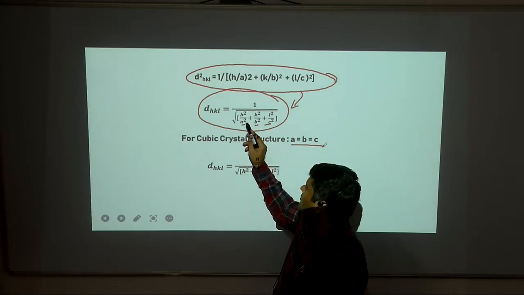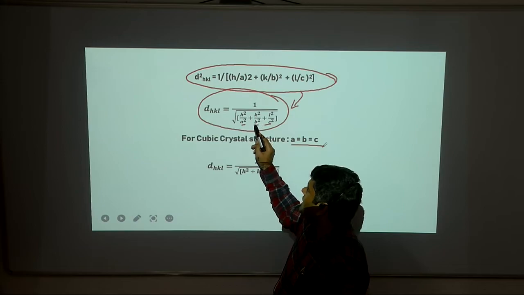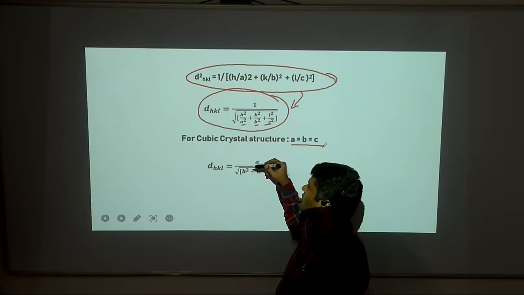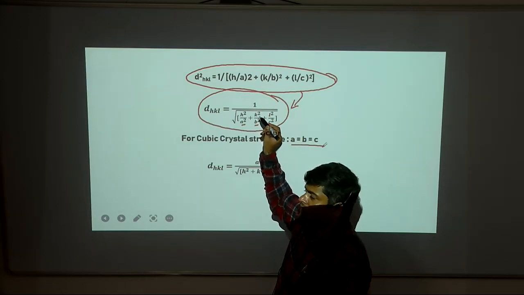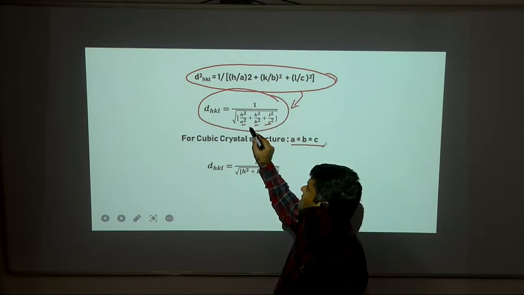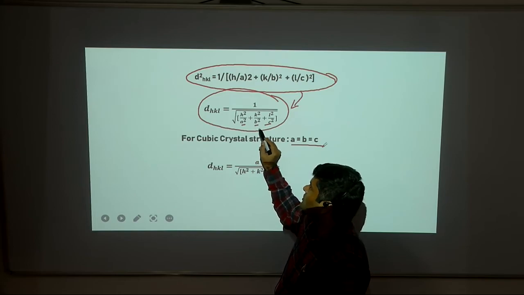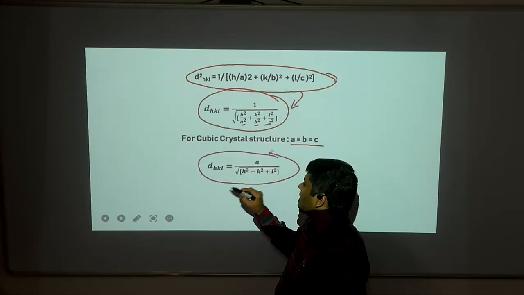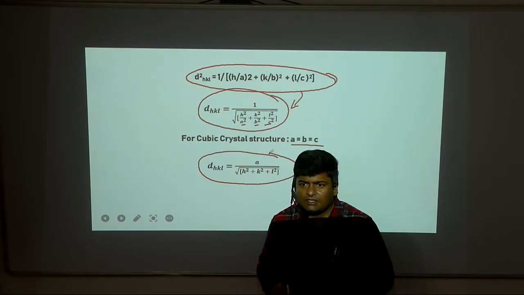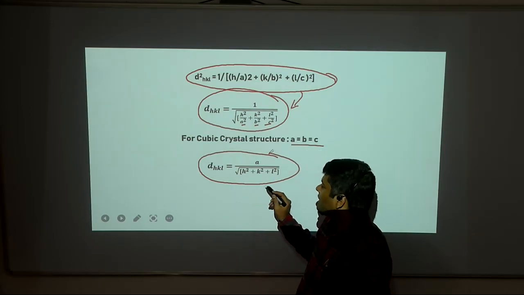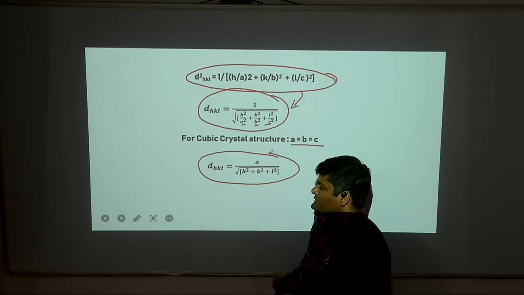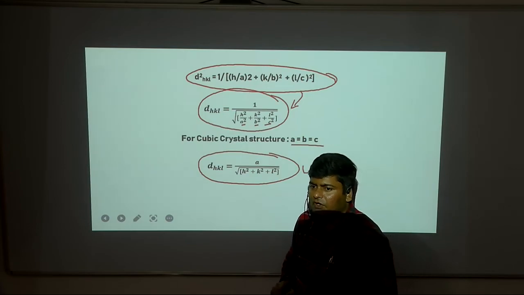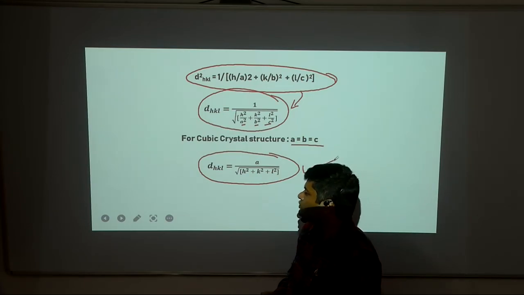So 1 upon a square remains, and if we take it out of the square root, it becomes a only, which goes to the numerator because it was the denominator of the denominator. So for the cubic crystal structure system, d_hkl is nothing but a upon the square root of h square plus k square plus l square.